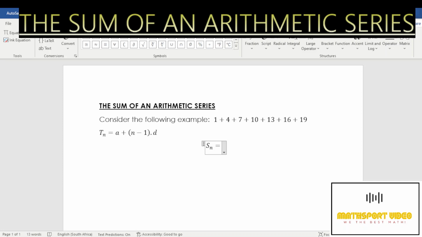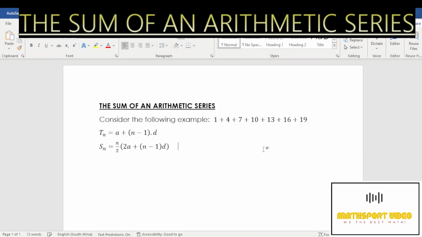Sn equals n divided by 2 times, in brackets, 2a plus n minus 1 times d. This formula is the sum of the first n terms of an arithmetic series.